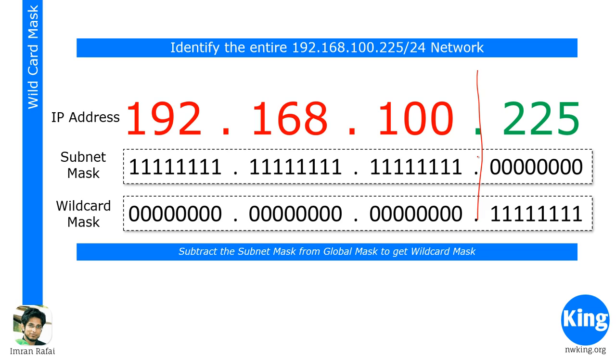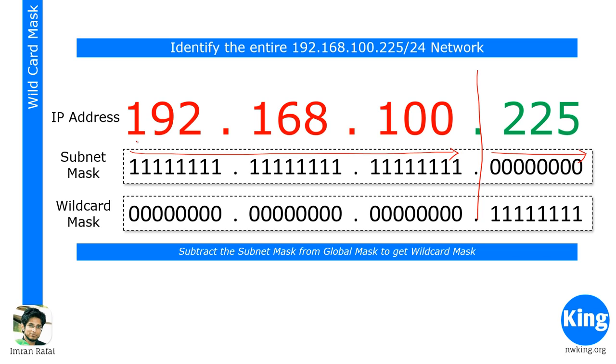Now in the last video we introduced you to wildcard mask. If you go to bit level, a subnet mask is going to be a series of ones and then a series of zeros. Wherever it is a 1, it denotes the network part, and wherever it is a 0, it denotes the host part. Now wildcard mask is very similar to subnet mask.